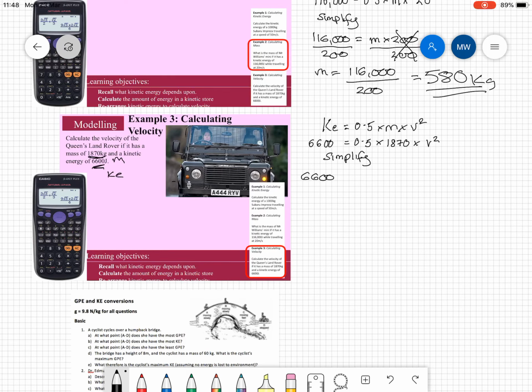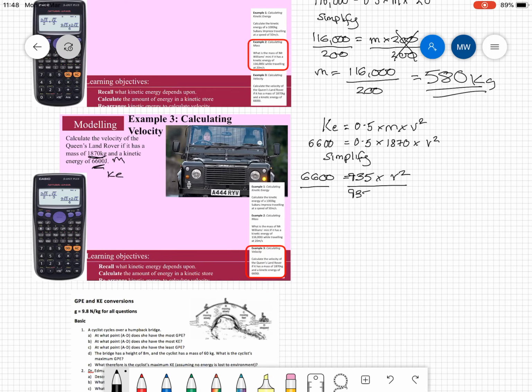So 6,600 equals, and remember this is the 0.5 times 1,870, which has given me 935, and then that is times v squared.